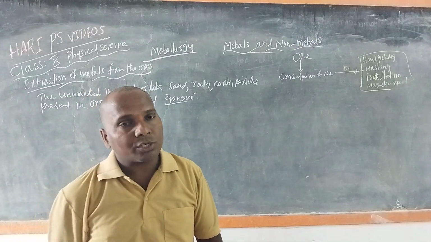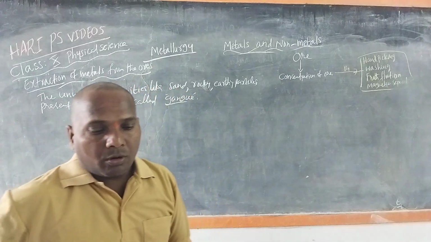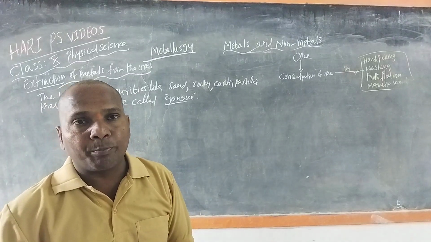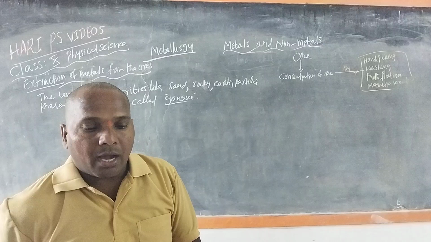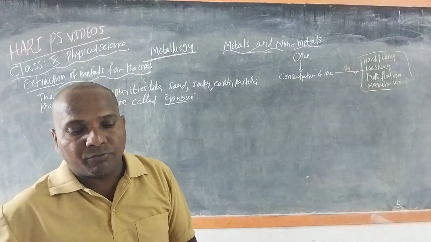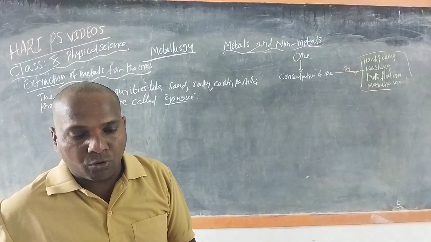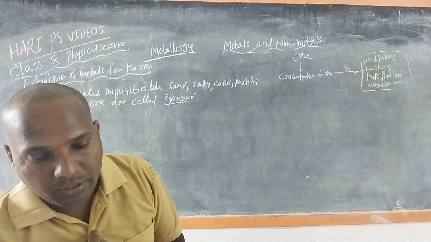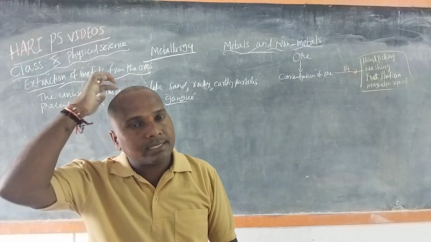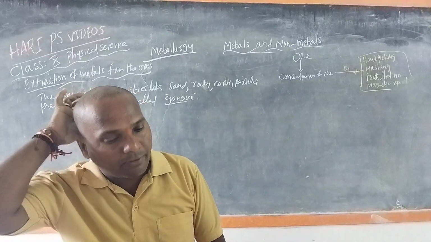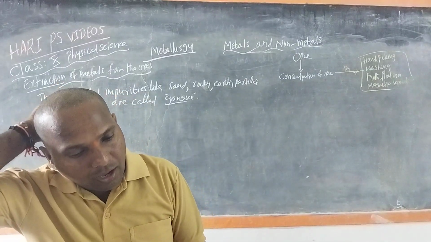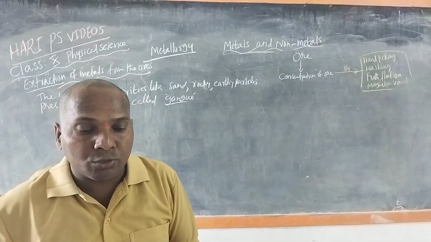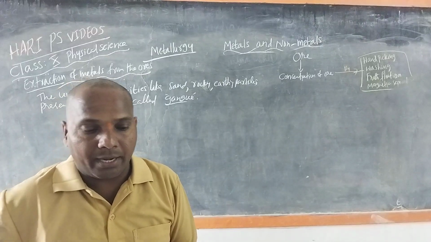The second one is washing. Ore particles are crushed and kept on a sloping surface. They are washed with a controlled flow of water. Less dense impurities are carried away by the water flow, leaving the more dense ore particles behind.